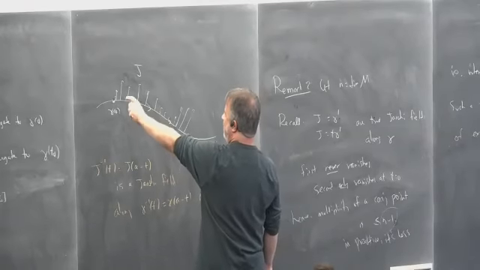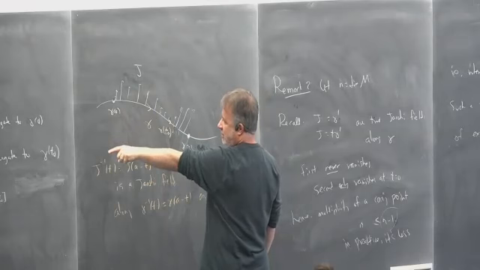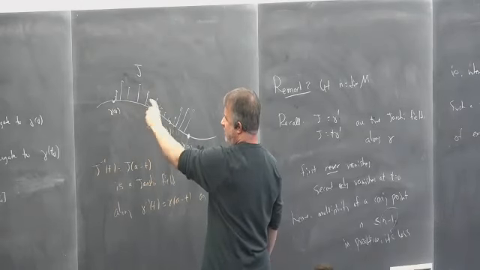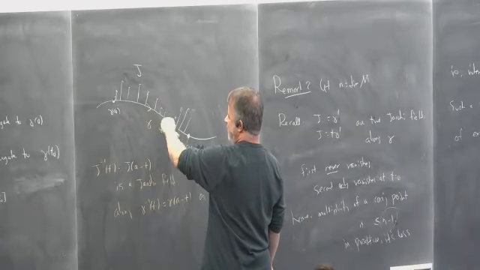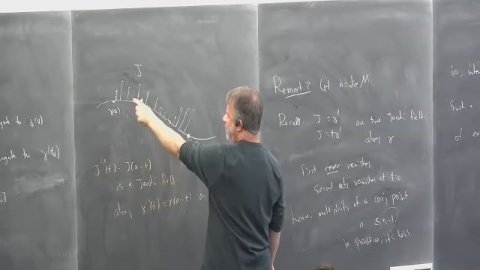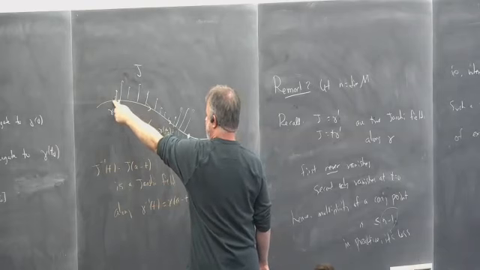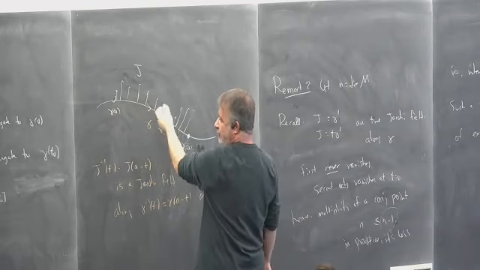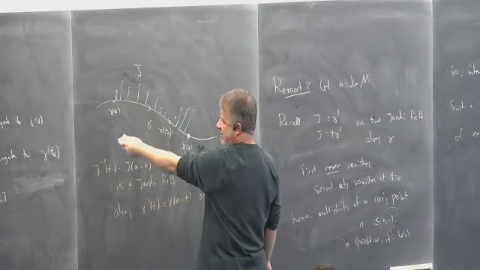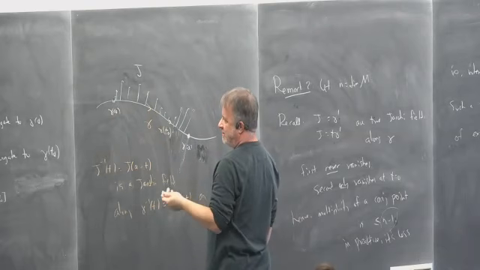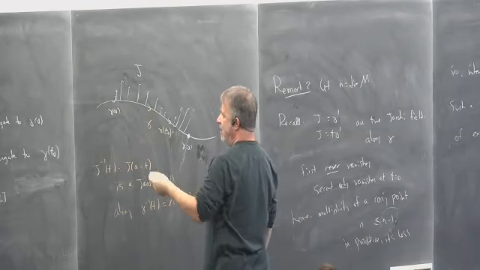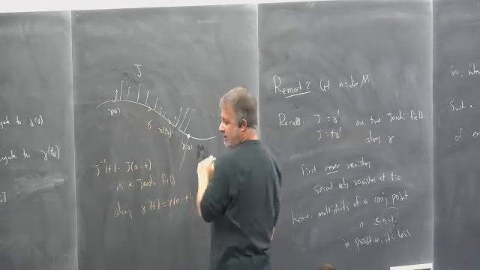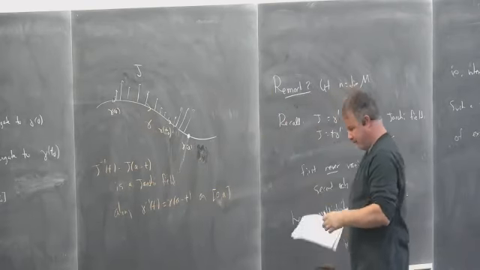Sorry, the question was: it looks like this Jacobi field, which determines a conjugate point, switches direction. But that's an artifact of the fact that my blackboard is two-dimensional. It's 0 at gamma of 0 and 0 at gamma of t naught, and it actually could be 0 at other points as well, right? In this picture, I didn't exclude that from the definition. We're just saying it's a non-zero Jacobi field. That means it's not identically 0, and it vanishes at gamma of 0 and at gamma of t naught. Those are the only conditions. Okay.